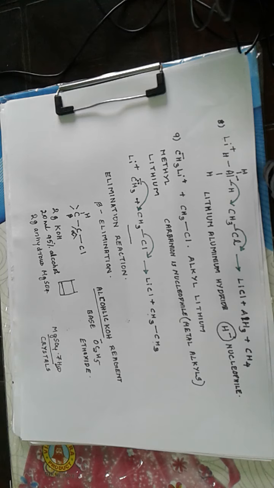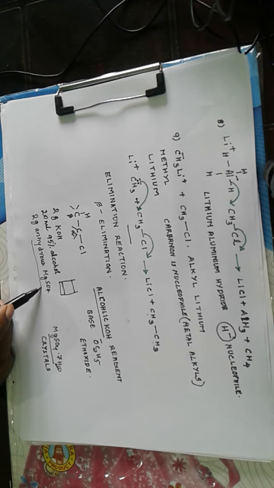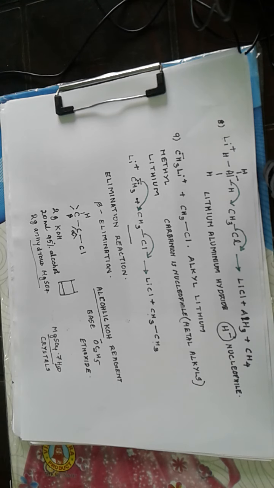So here we have prepared 2 gram KOH in minimum water, and then we add 20 ml 95% alcohol, which means there is 5% water and 95% alcohol. Now you have dissolved potassium hydroxide in water. The purpose of adding anhydrous magnesium sulfate is to absorb the water in the medium.